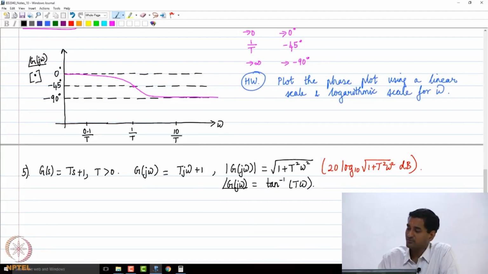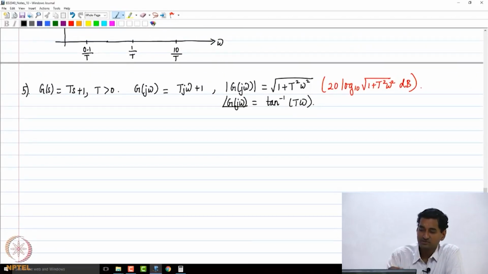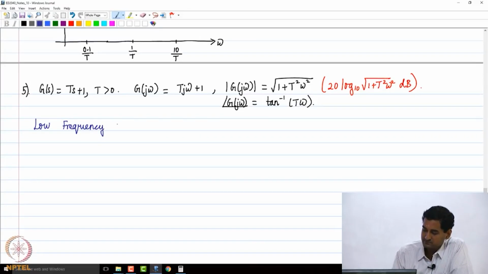Now you are going to help me with it. It is pretty straightforward to conclude these things. What is going to be the low frequency asymptote of the magnitude plot, by the way?